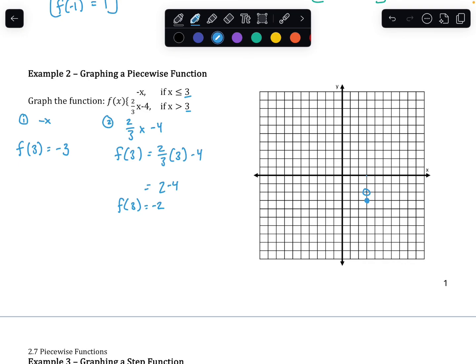Now what I then do is solve for x for one other point. For our first function, x has to be less than or equal to 3, so 0 is a good number. So function of 0 equals 0. So 0, 0. On this, it's solid, so I connect it.